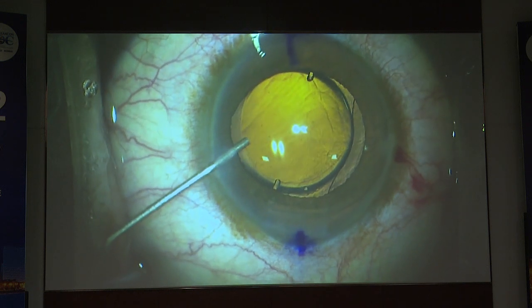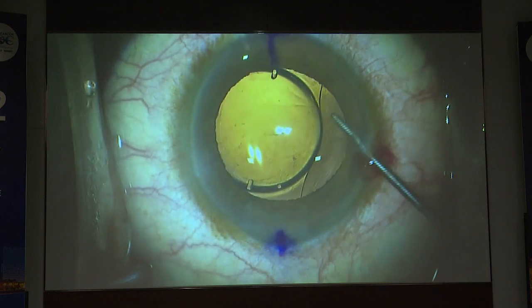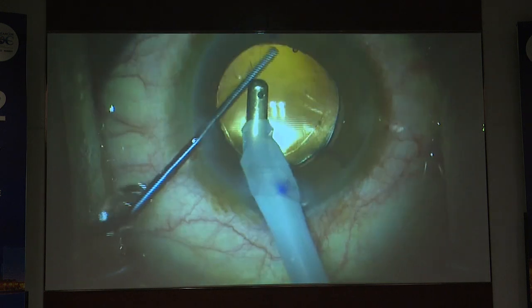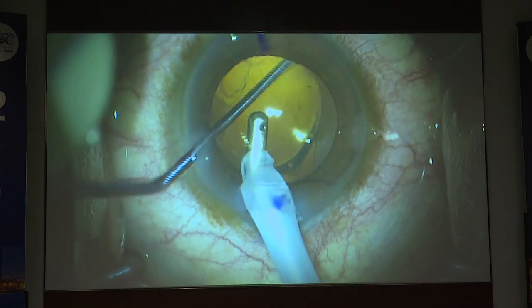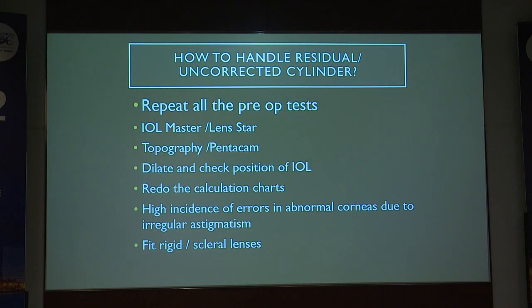It's quite easy to shift these lenses because they are plate haptic, but you have to be careful not to injure the PC. After rotation, the patient had a good refractive outcome, with a -1.5 SIL.